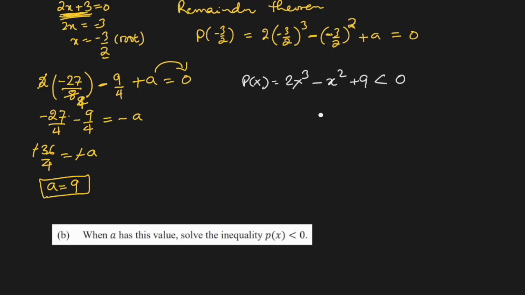For solving the inequality, first we should factor this fully, and we know one of the factors was 2x plus 3. So let's carry out long division to find the other factors. So 2x cubed minus x squared plus 9, we will divide it by 2x plus 3.